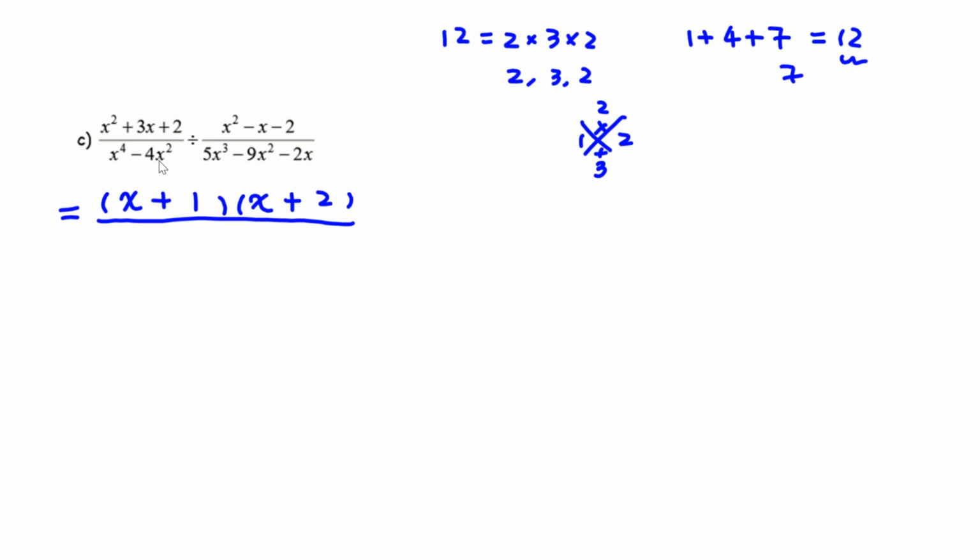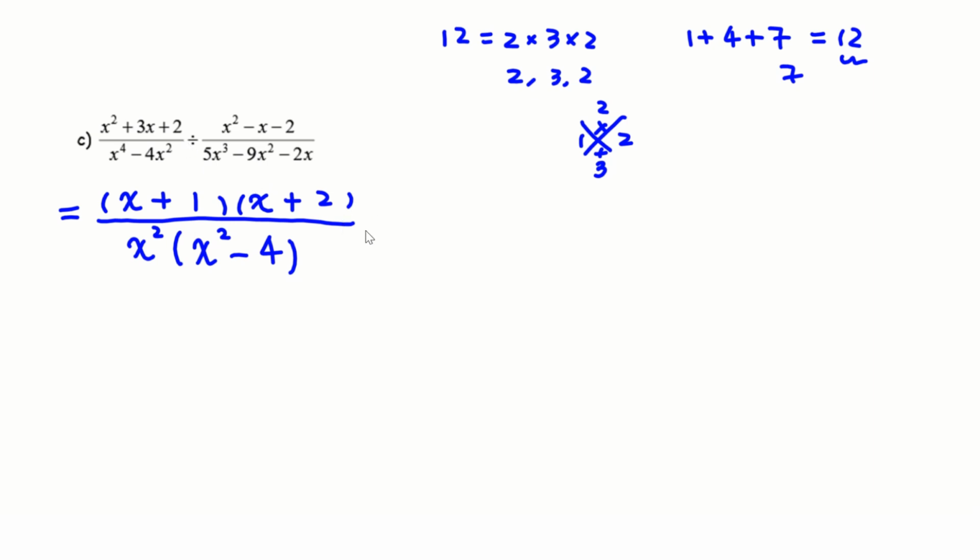So for variables, the common factor will be the lowest degree from each term. So this is x squared. Now after you take the common factor out, each term is divided by that common factor, and the degree will be subtracted. So x to the exponent 4 divided by x to the exponent 2, 4 minus 2 gives you 2. Then minus 4 divided by 1 is 1. The degree subtract 2 minus 2 is 0.